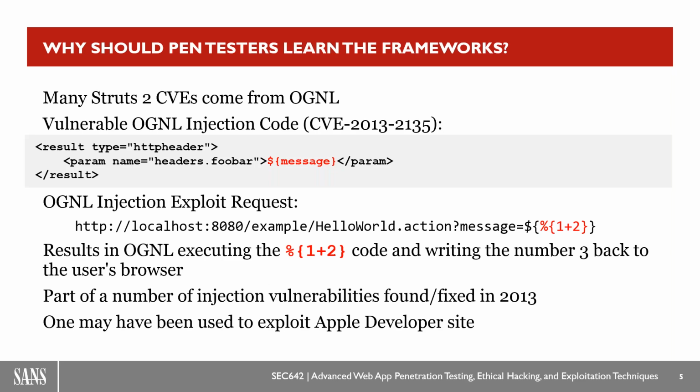So you never guess. In 2013, there were a number of OGNL issues. So many Struts 2 vulnerabilities in CVEs, or common vulnerabilities and exposures, come from OGNL. In fact, one of the issues last year in 2017 was due to this parameter passing code.